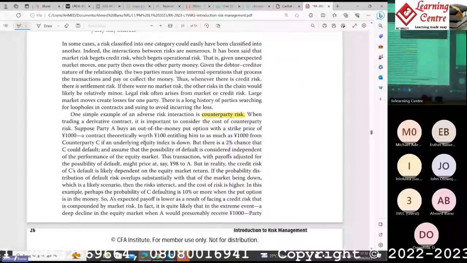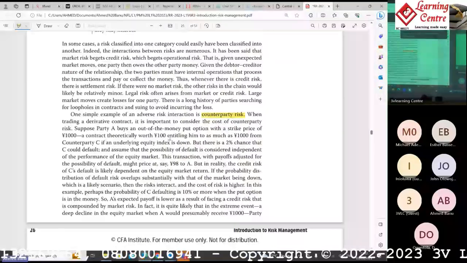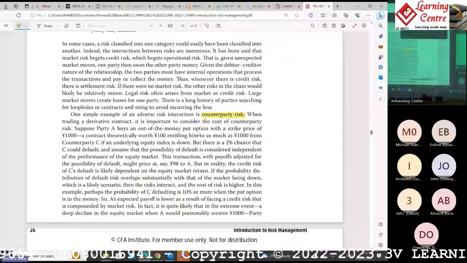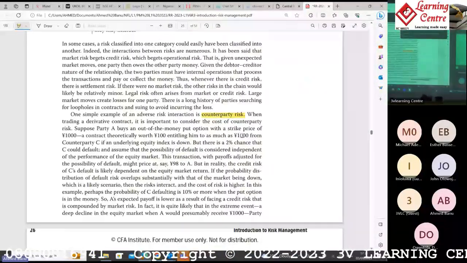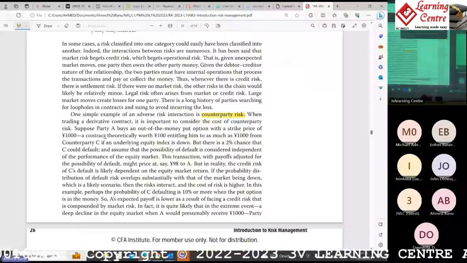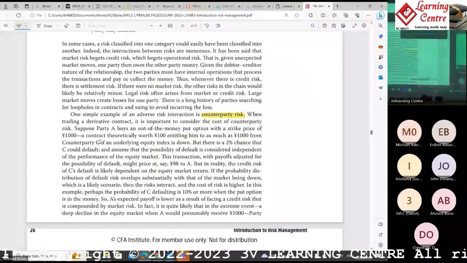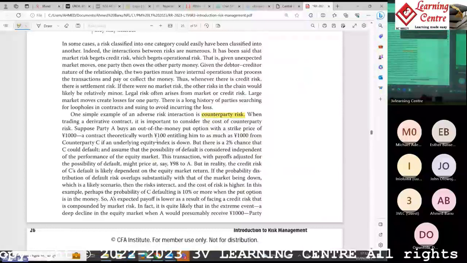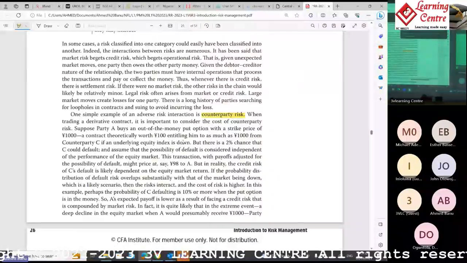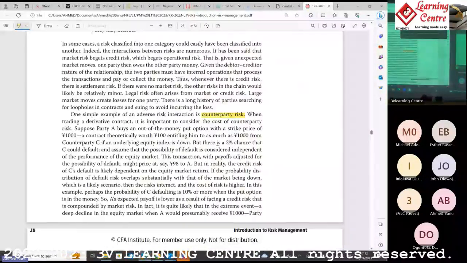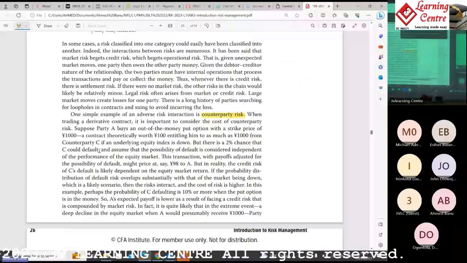A contract theoretically worth 100 yen entitles him to as much as 1,000 yen from counterparty C if an underlying equity index is down, but there is a 20% chance that C could default.